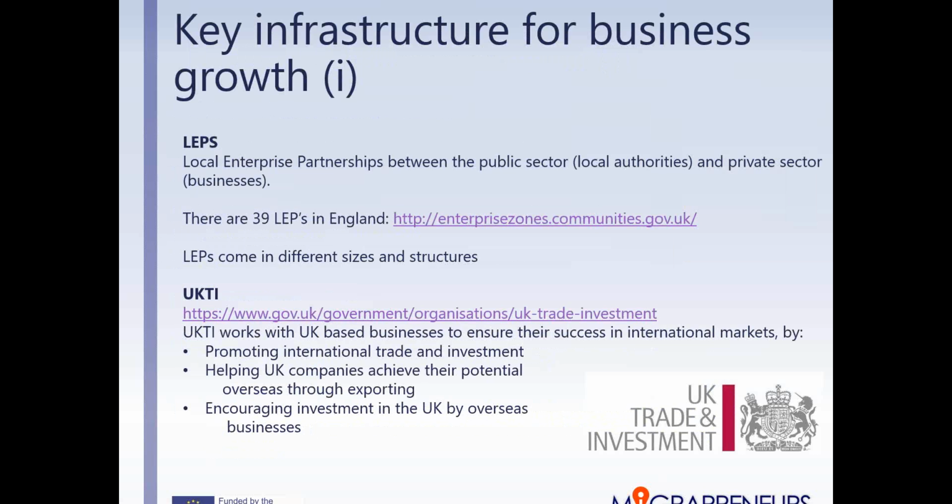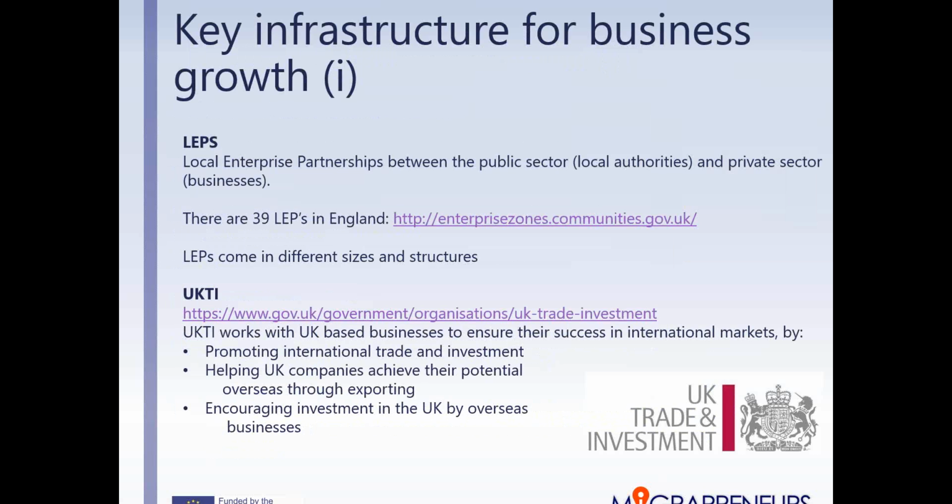So now something about the infrastructure for businesses and the support that you can receive as a business in the UK. The UK government has, like many countries since the recession, had a big focus on supporting enterprise, and what we call the LEPs, the local enterprise partnerships, were set up as a result of that focus.